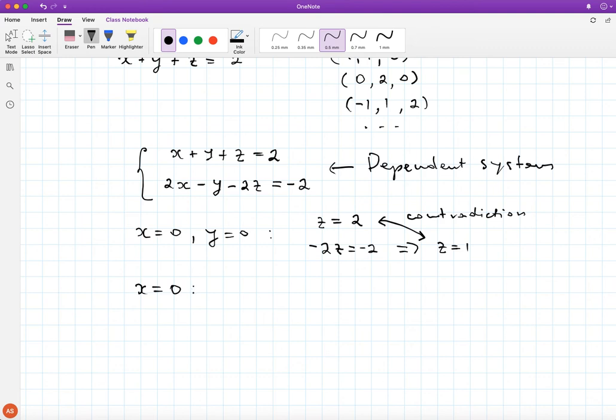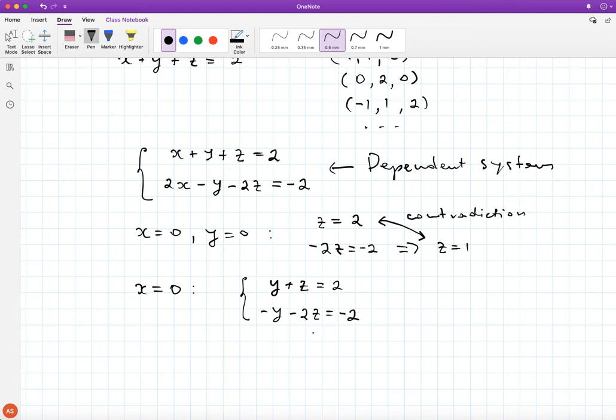If x is equal to 0, then substituting x equals 0 into our 2 equations, we find that y plus z must equal 2, and negative y minus 2z must equal negative 2.